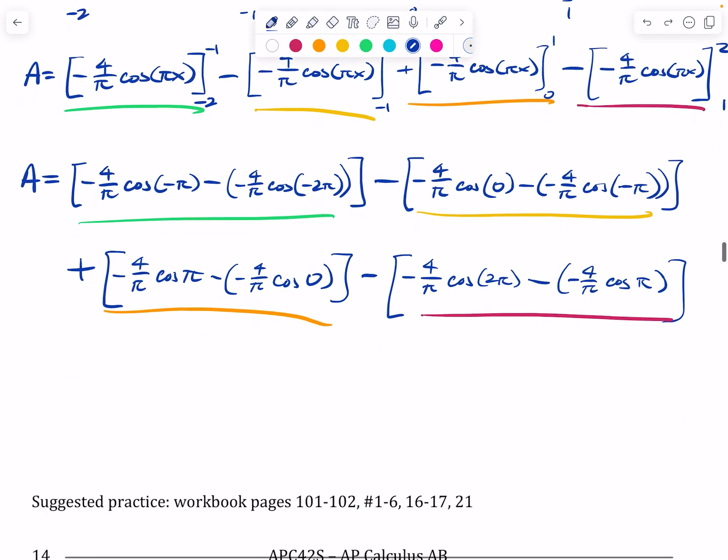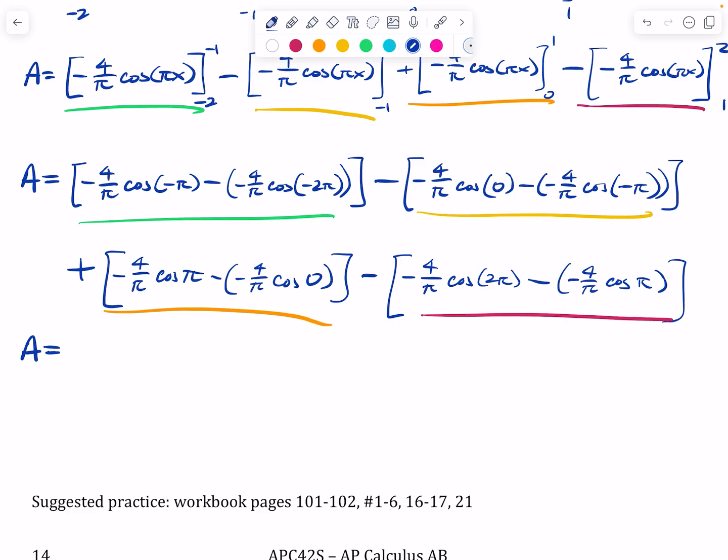Let's work this out. Oh, I did use the whole page. Look at that. There might be some things that cancel out. It is worth looking at. Cosine of multiples of pi is always either 1 or negative 1.